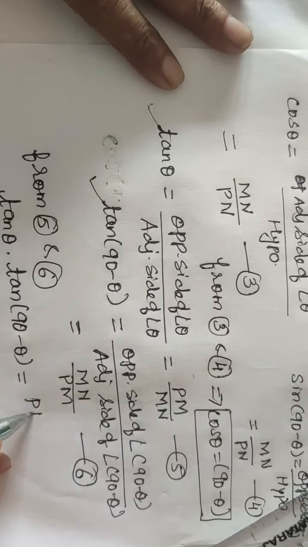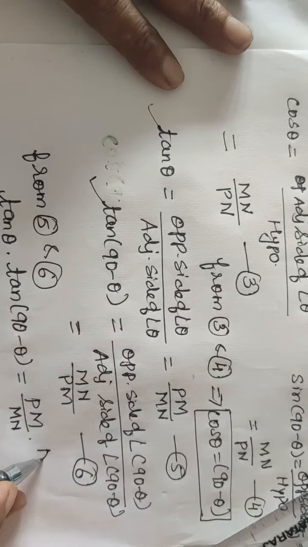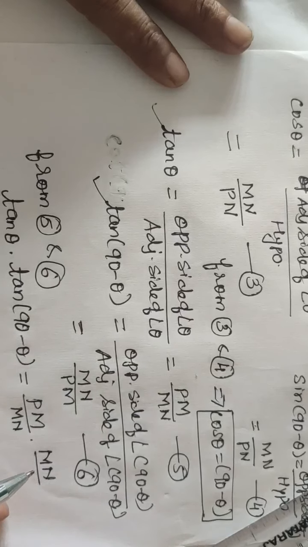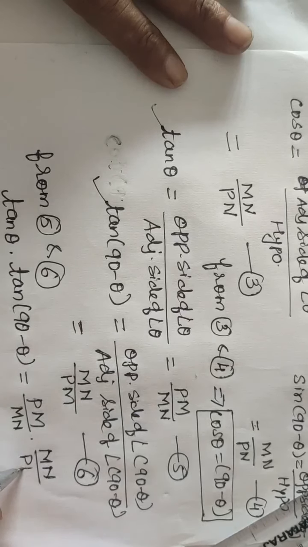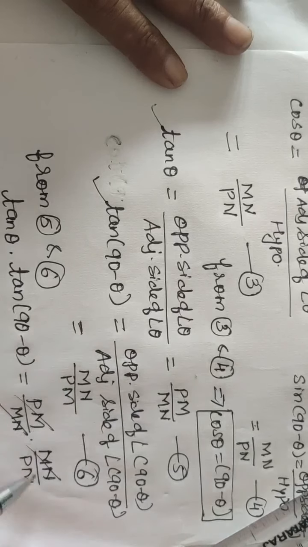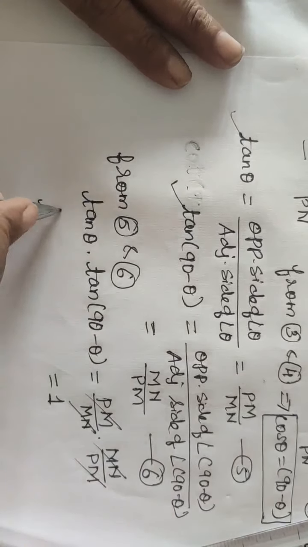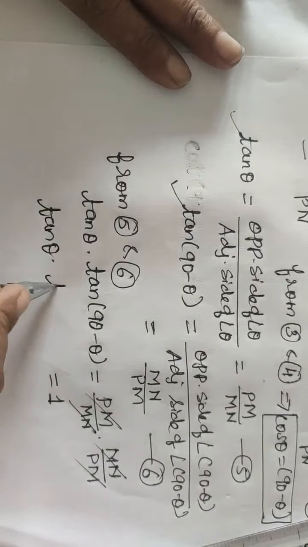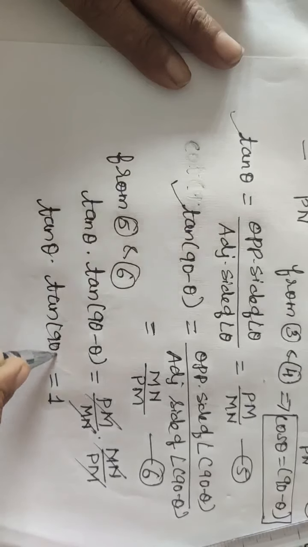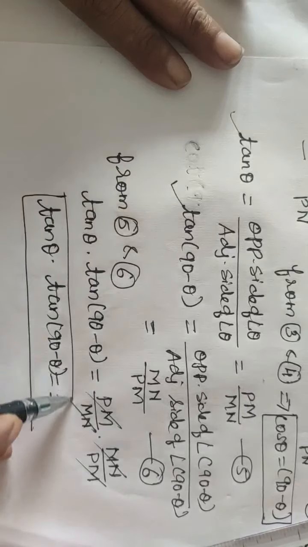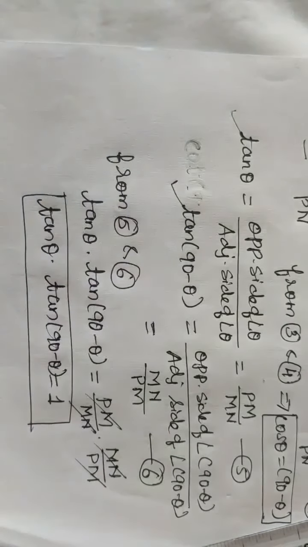Tan theta is PM by MN, into the ratio of tan of 90 minus theta, which is MN by PM. Now simplify: MN gets cancelled and PM gets cancelled. So what you got? 1. So from here, children, you get the formula tan theta into tan of 90 minus theta is equal to 1.